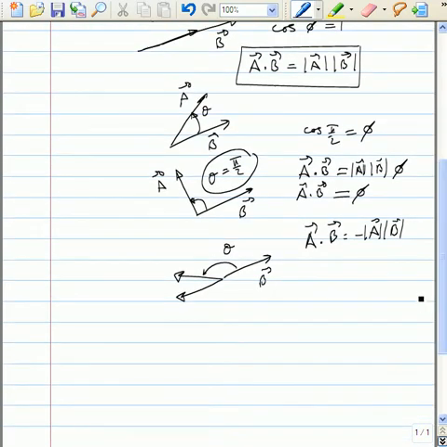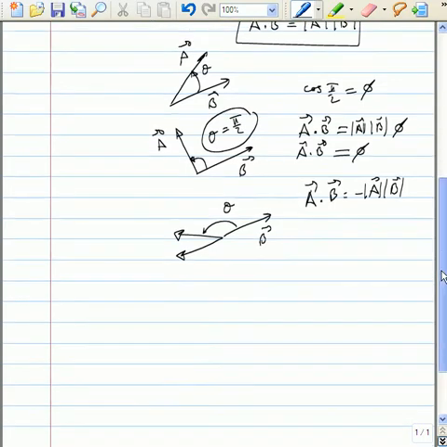So really the two interesting cases that you want to keep in mind are, when you're dealing with two vectors which are collinear, the dot product is just the product of the two magnitudes. And when those two vectors happen to be perpendicular to each other, then the dot product is 0.